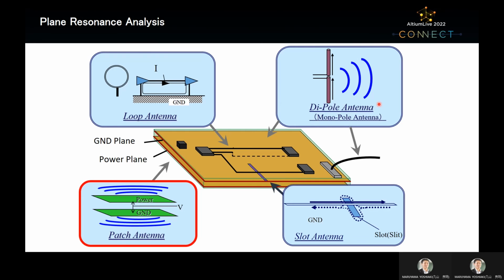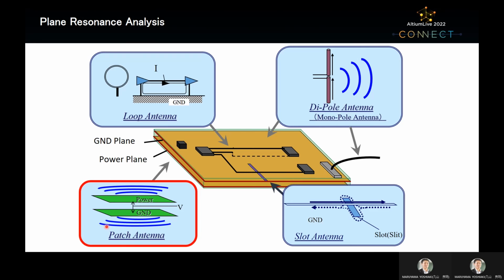A PCB and its cable behave like a dipole or monopole antenna. A slit on a plane behaves like a slot antenna. Power and ground planes facing each other behave like a patch antenna.